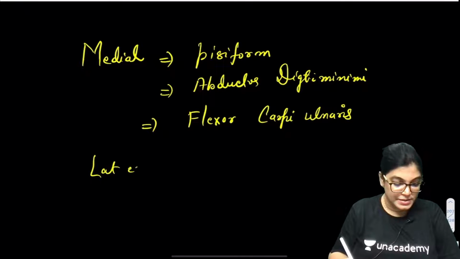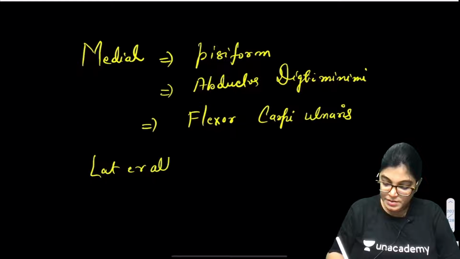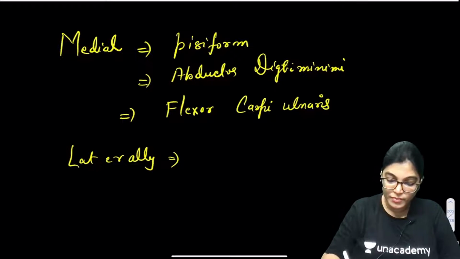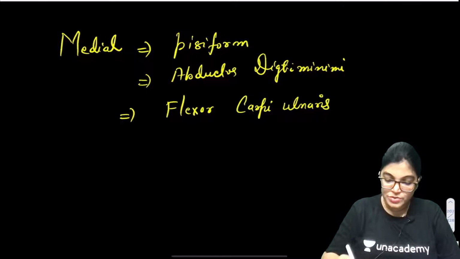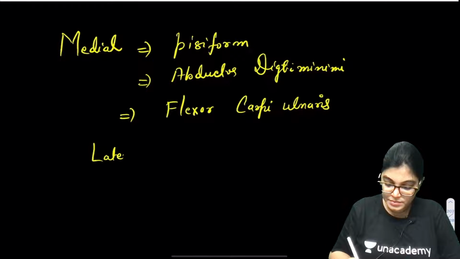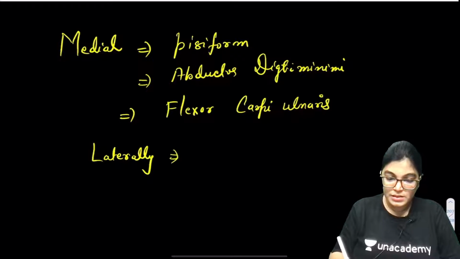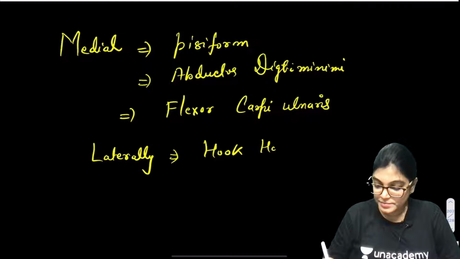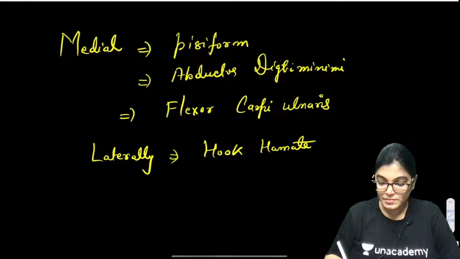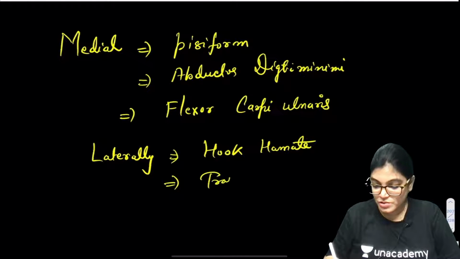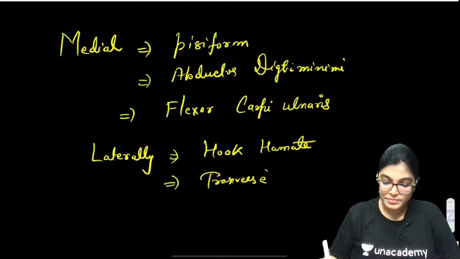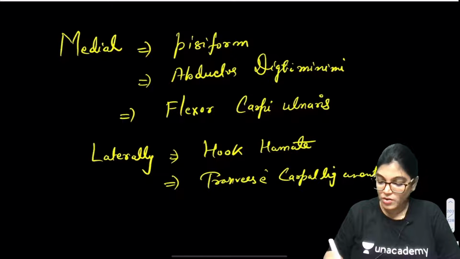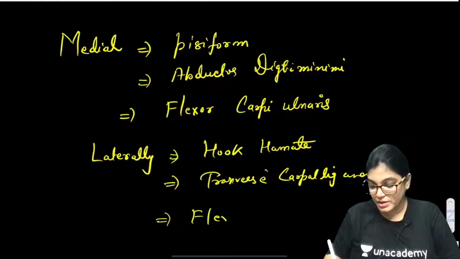Laterally, which structures lie? Laterally, the hook of hamate is lying, the transverse part of transverse carpal ligament, and also the flexor tendons are lying laterally.